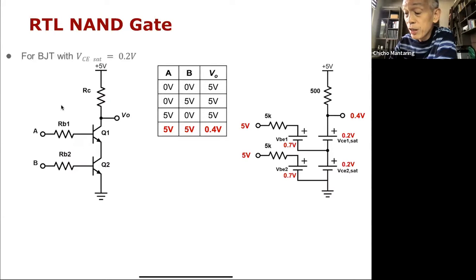So their VCEs are in series, not in parallel. That's again another exercise that you can do. But the thing here now is this: whatever current is here, that's your current here, and that's also your current there.